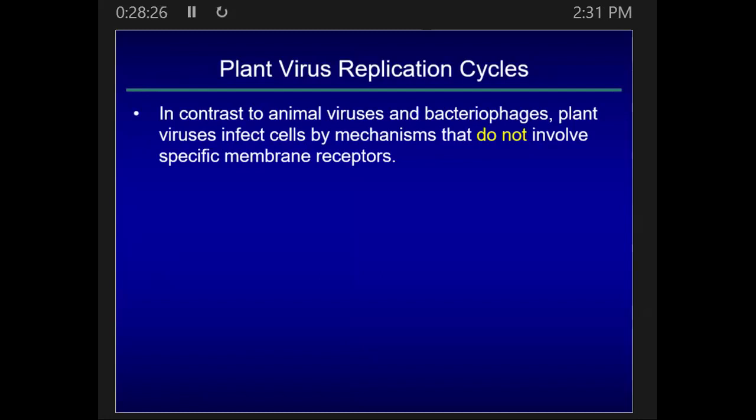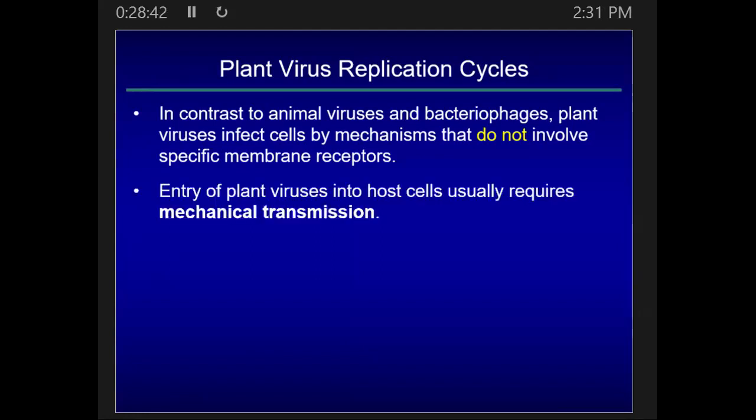Plants are a little different. If you think about viruses that can infect plants, at least so far, they haven't found a virus that docks into a receptor protein. So that's very, very different. What they end up seeing is that the virus has to get in either through a wound or through a vector, some kind of insect typically.